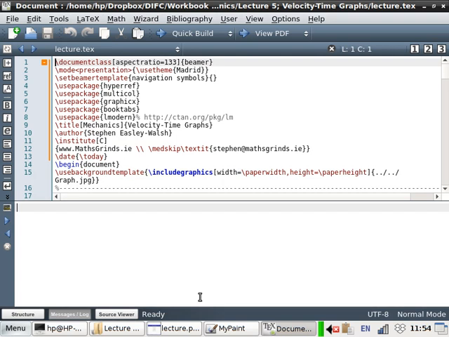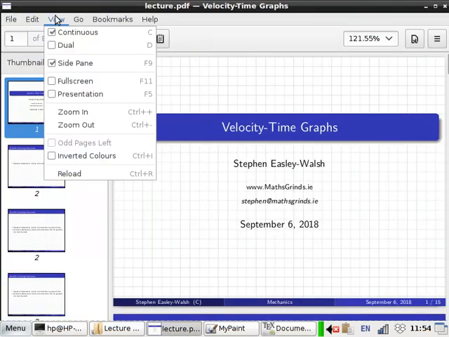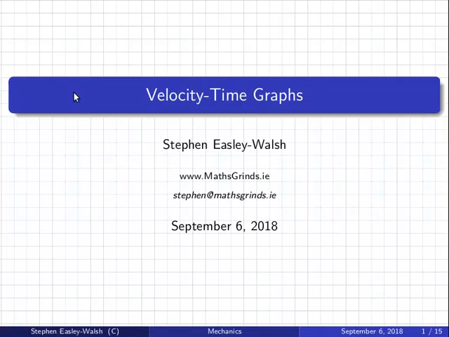Okay, let's see. Presentation. Right, next lesson. Oh look, the black line is mysteriously gone. Velocity-time graphs. Got that? Velocity-time graphs. What are you doing in maths class at the moment?